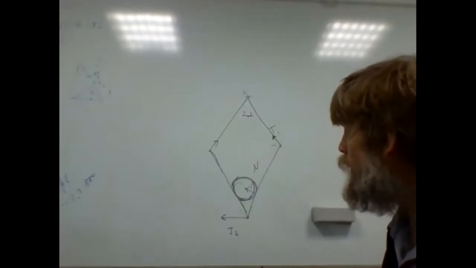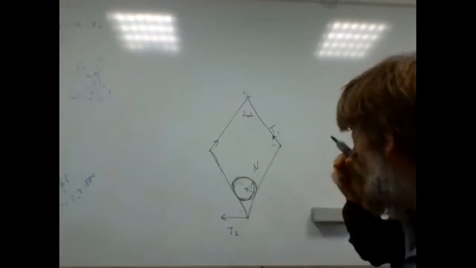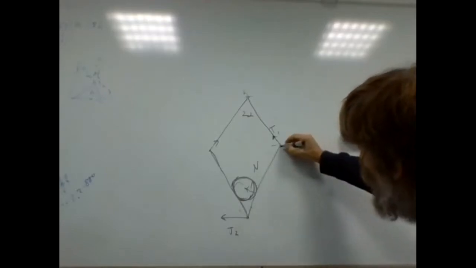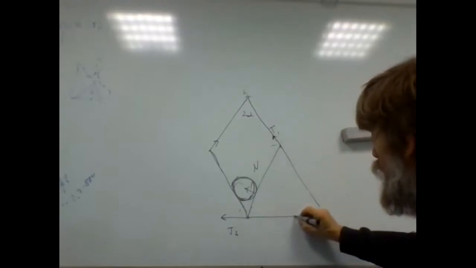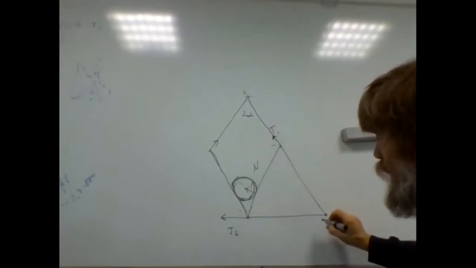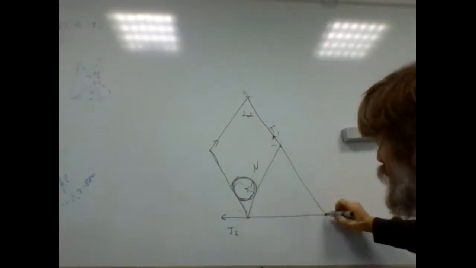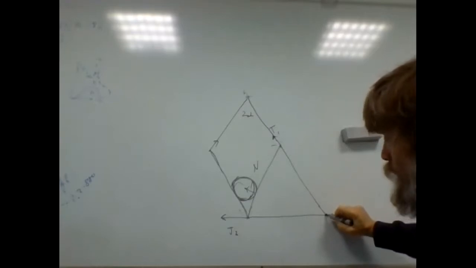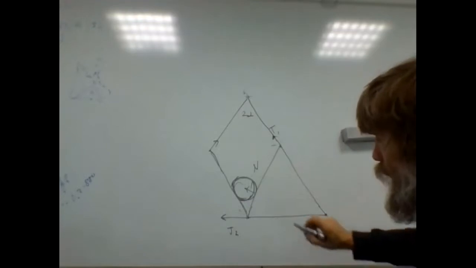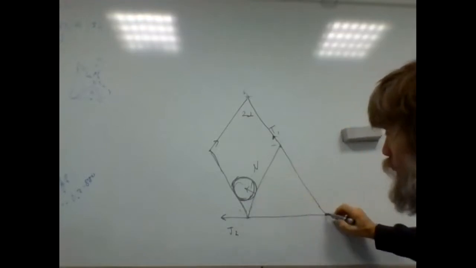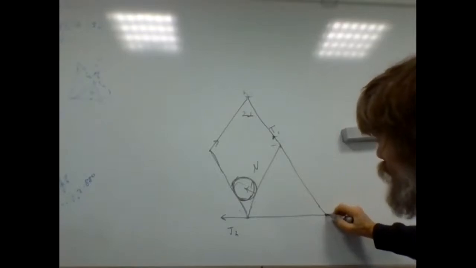Now we write down the torque balance on this rod. What we know is that we extend, as we did during lectures, to the intersection point of T1 and T2. The torque of T1 and T2 is 0, which means that the normal force N must also have 0 torque with respect to that point, which means that it must go through this point here.